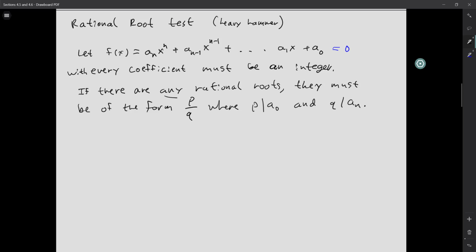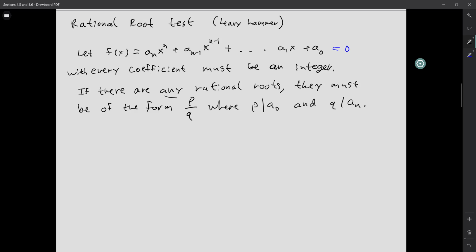Now what this is saying is that all of my rational roots, they're going to be a fraction. The numerator has to be a factor of the constant coefficient, and the denominator has to be a factor of the leading coefficient. And every rational root, including the whole number roots, are going to look like that.